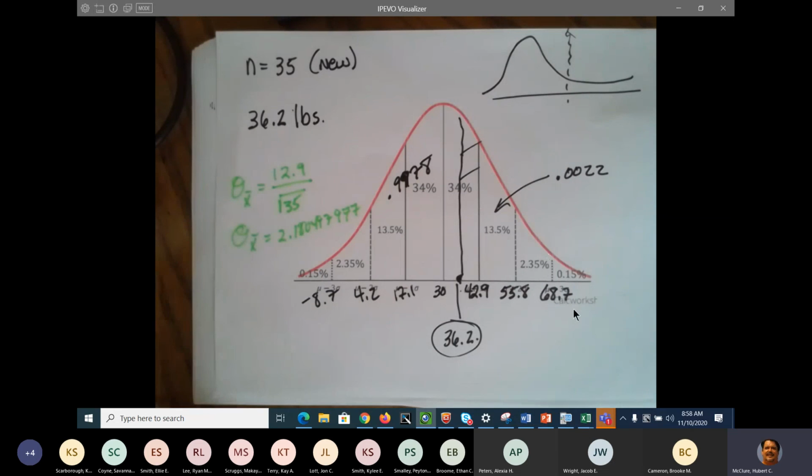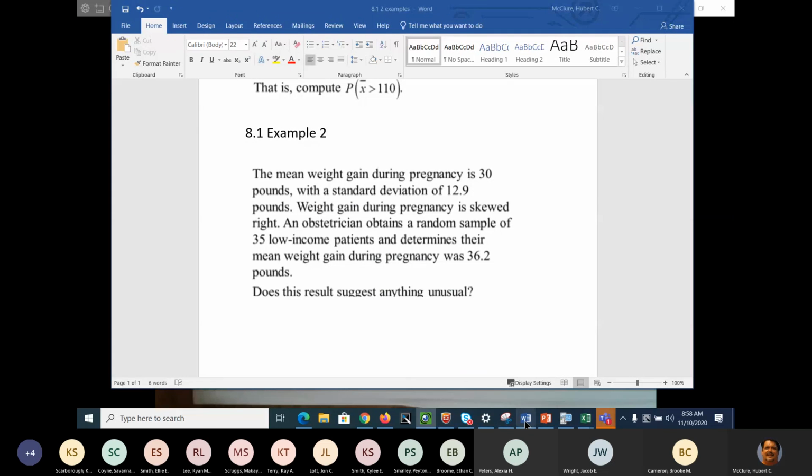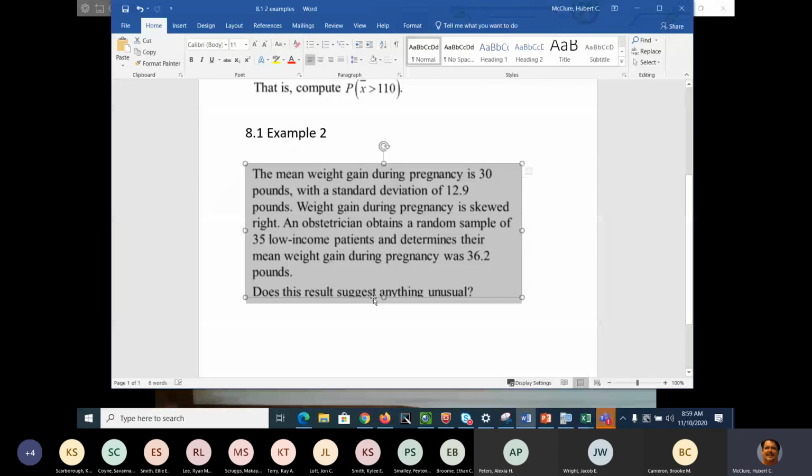Let me read the question again. An obstetrician obtains a random sample of 35, their mean weight gain during... I would say it's unusual, yes, because look at the right-hand side.